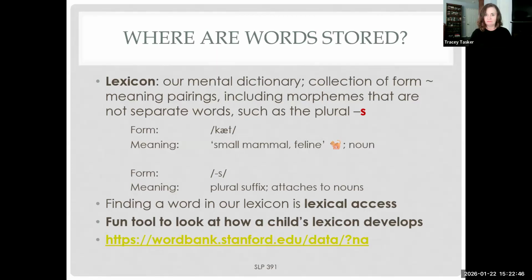So if you go on to become a speech therapist, you'll probably have some practice with this tool. It's a parent report tool where parents report what words their children can understand and say. And there's thousands and thousands of people who contribute to the data that's in this word bank. And what it does is it tracks words and how children learn them.